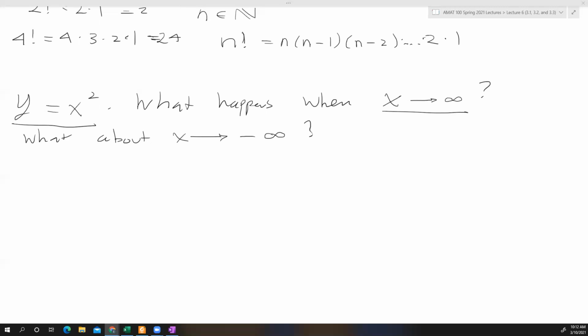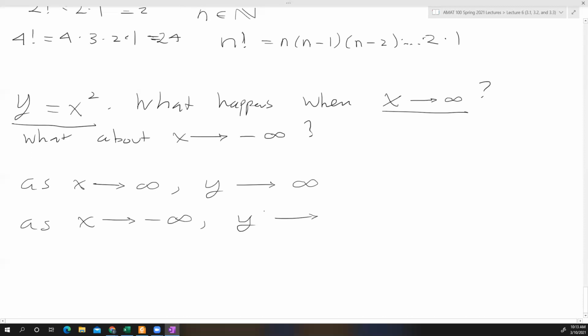So as x approaches infinity, y approaches infinity also. And what about negative infinity? This might be a little trickier. What does y approach? Well, don't forget that y is equal to x squared, so no matter what you plug in, the output is positive.